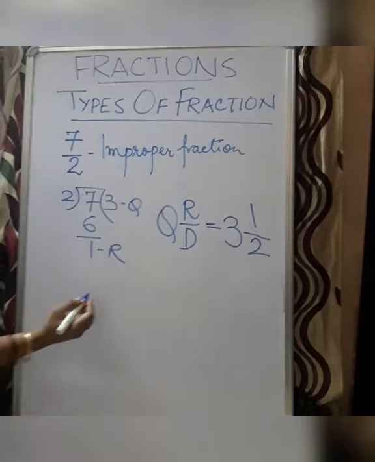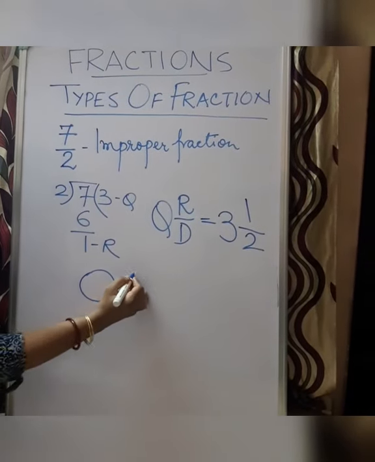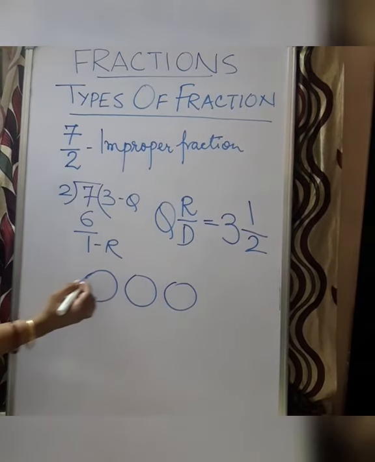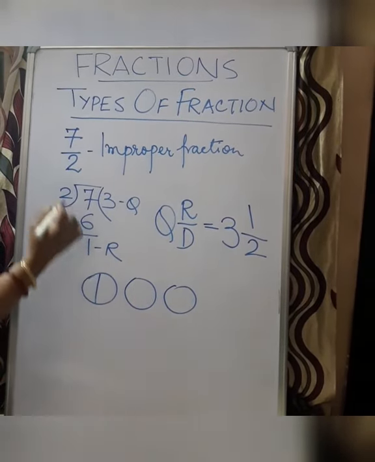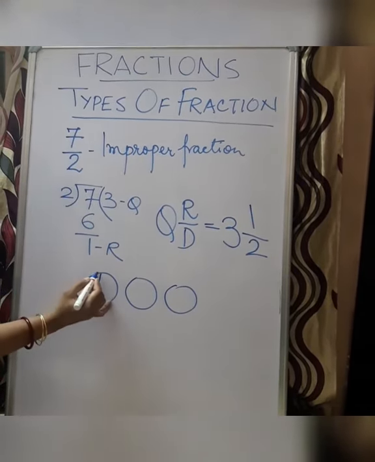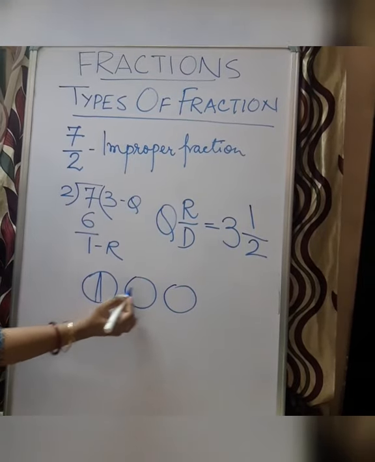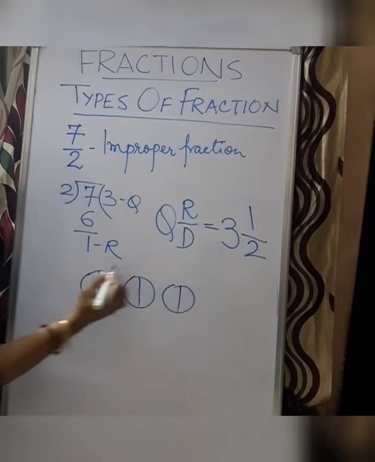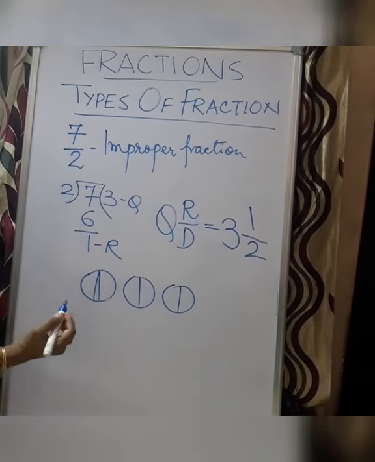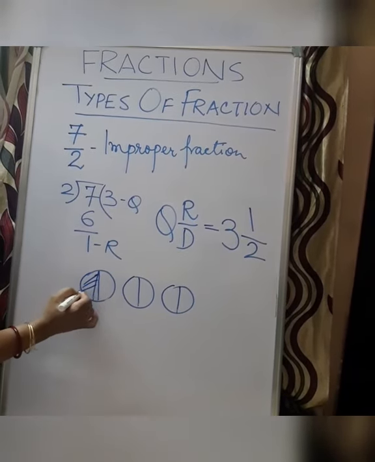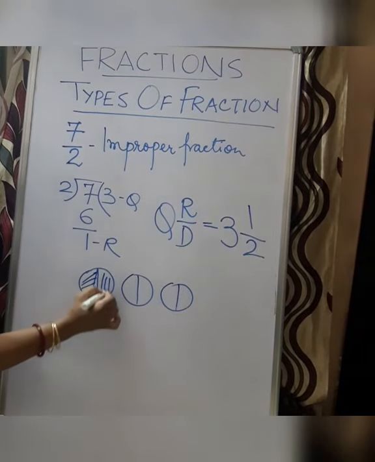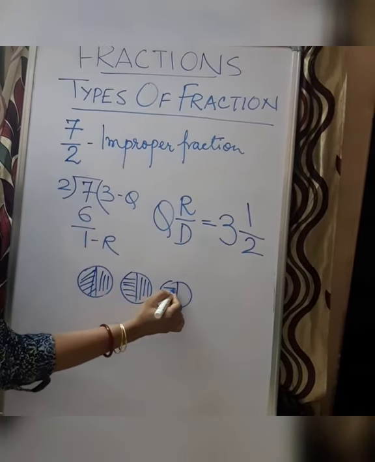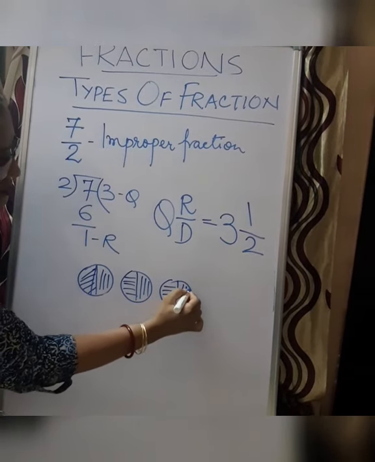How do we get it? See, we have these apples. We divide them into 2 parts because here all the things are divided into 2 parts and the parts should be equal. And now we have to take out 7 out of it. So this is 1, this is 2, this is 3, this is 4, this is 5, this is 6.